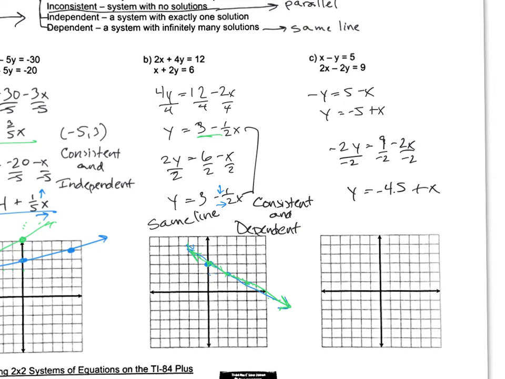Both of these lines have the same slope, so we know they're going to be parallel, but we've got to draw the graph anyway. I'm going to go down 5, and then our slope is 1. Again, I'm going to do up 1, over 1 many times just to draw my line. You only have to do it 3 times.